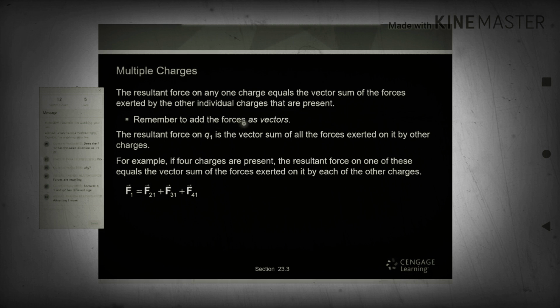Remember to add forces as vectors. The resultant force on Q1 is the vector sum of all forces exerted on it by other charges. For example, if 4 charges are present, the resultant force on one of these equals the vector sum of the forces exerted on it by each of the other charges. All right.